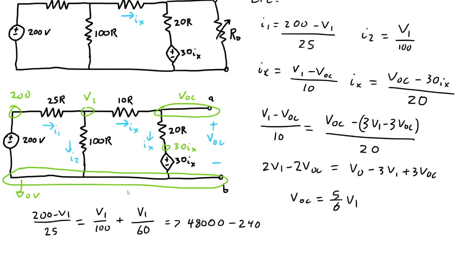Minus 240 V1 equals 60 V1 plus 100 V1. So V1, that's 240 plus 60.